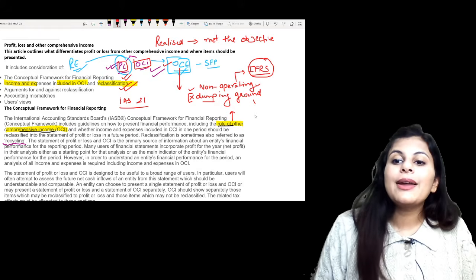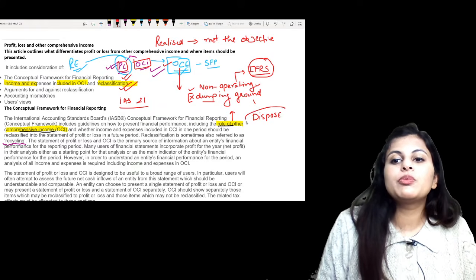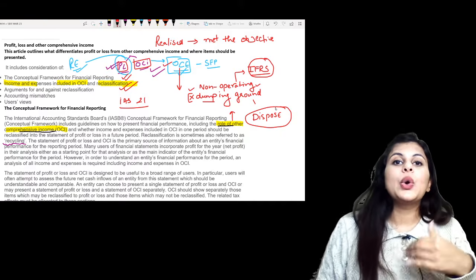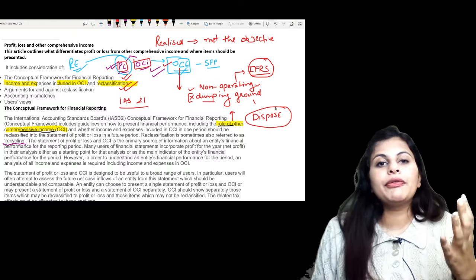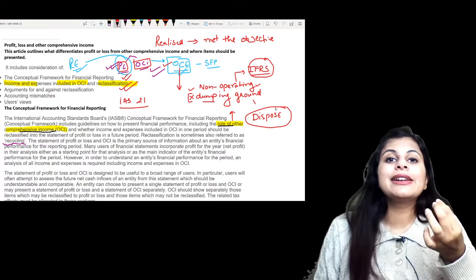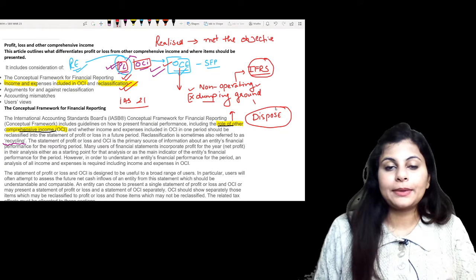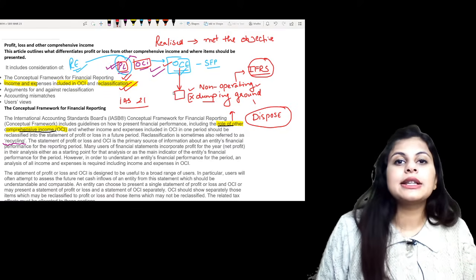But when I dispose of that foreign subsidiary, after all my calculations of profit and loss on disposal of the subsidiary, after that I will reclassify. I will take out that retranslation reserve.